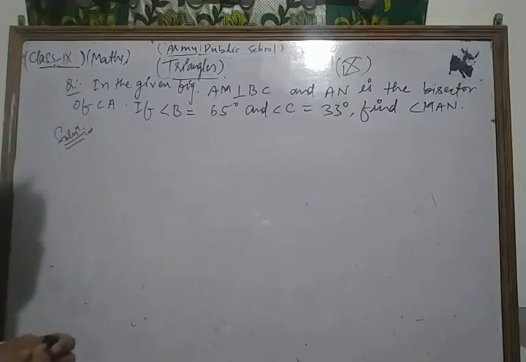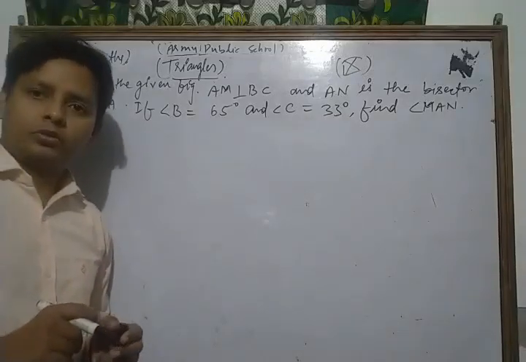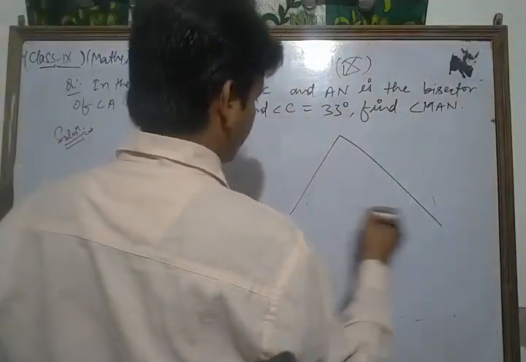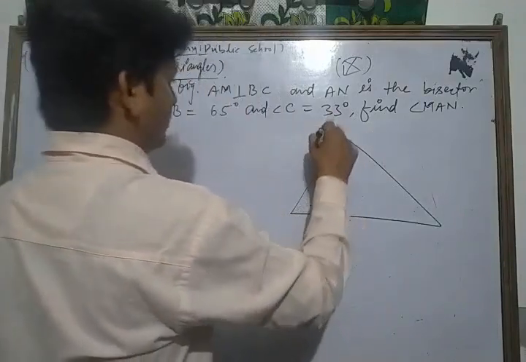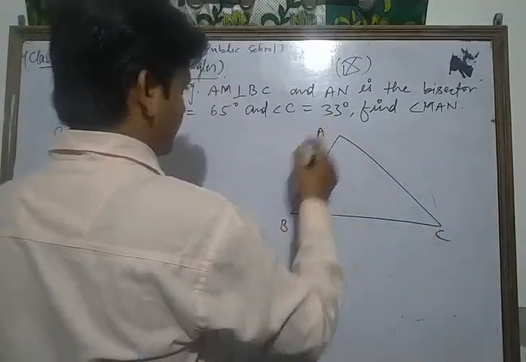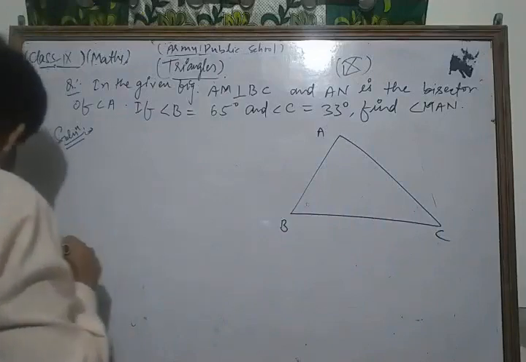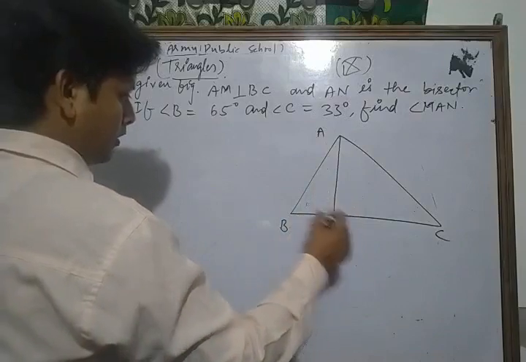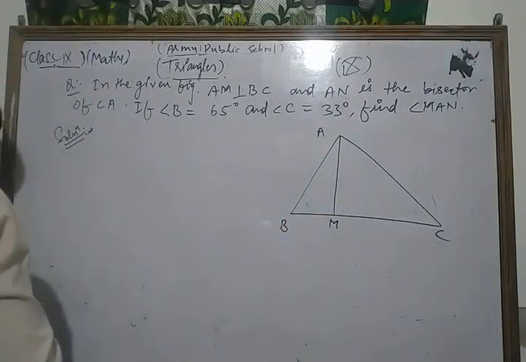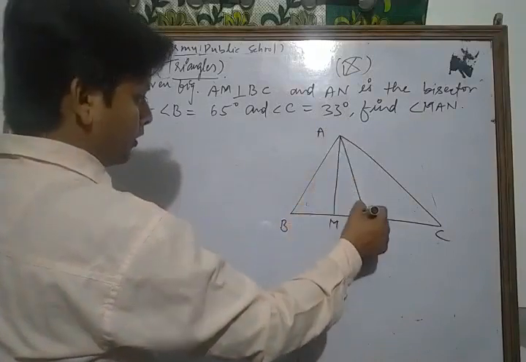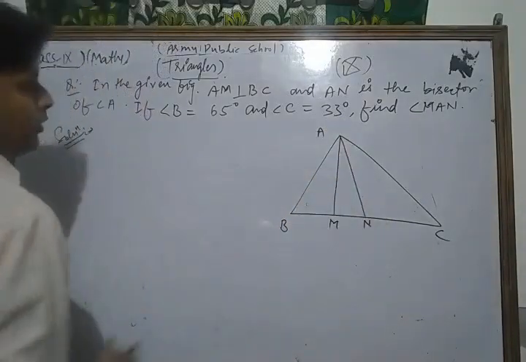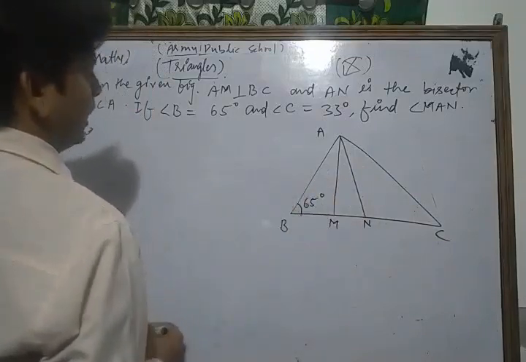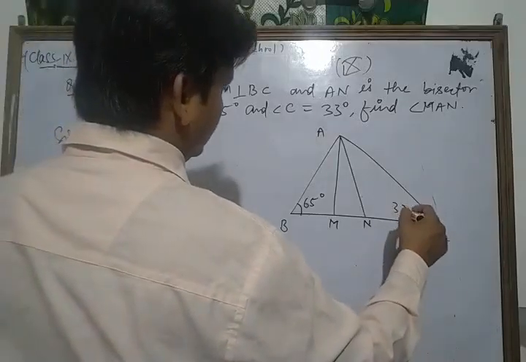So this is a very important question. Now let's see the figure. ABC is a triangle in which AM is perpendicular to BC and AN is the bisector of angle A. Angle B is equal to 65 degree, and angle C is equal to 33 degree.